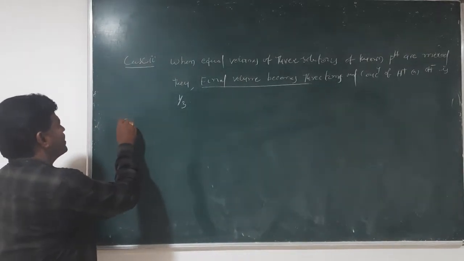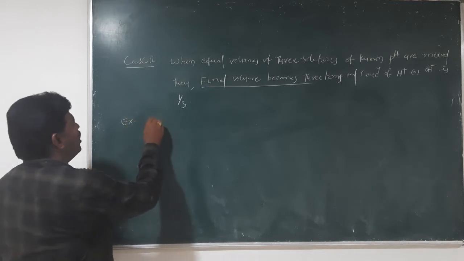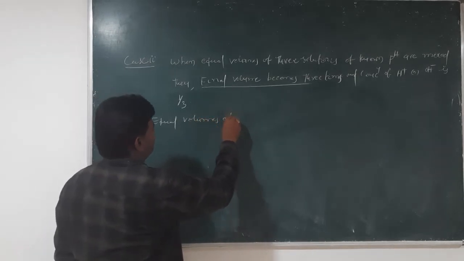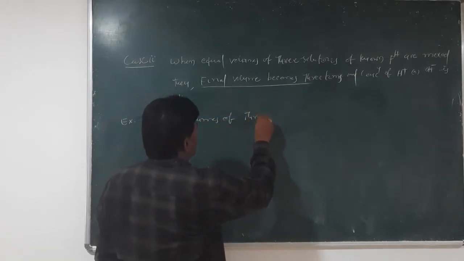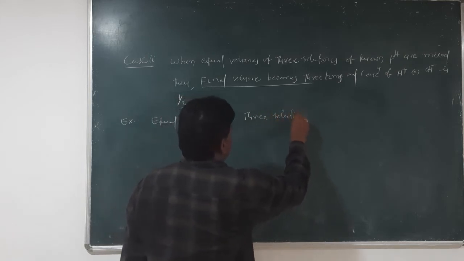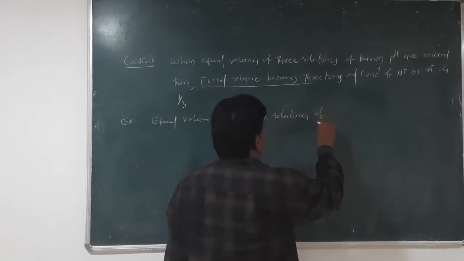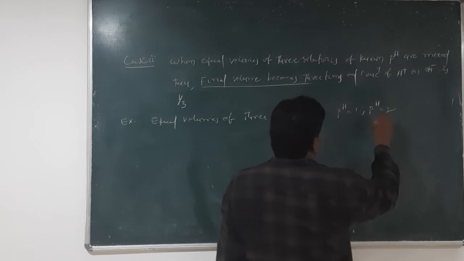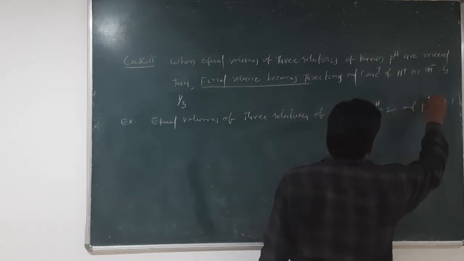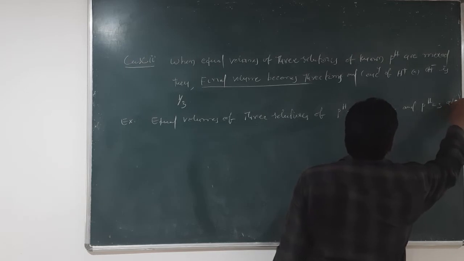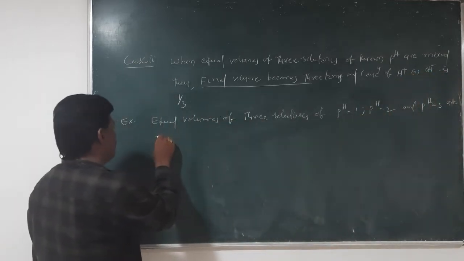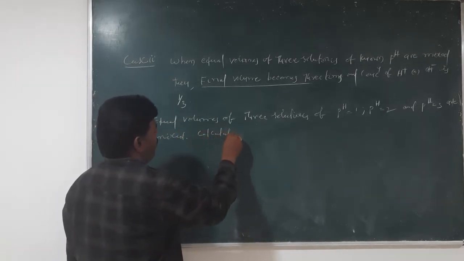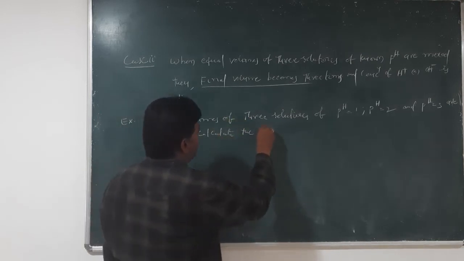So the example is: equal volumes of 3 solutions of pH 1, pH 2 and pH 3 are mixed. Calculate the final pH.